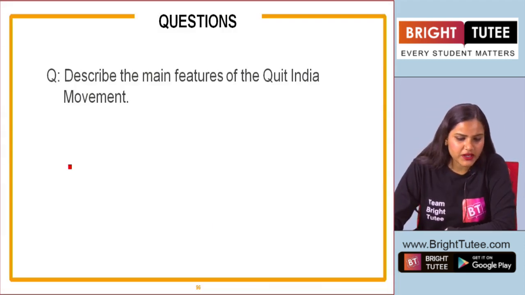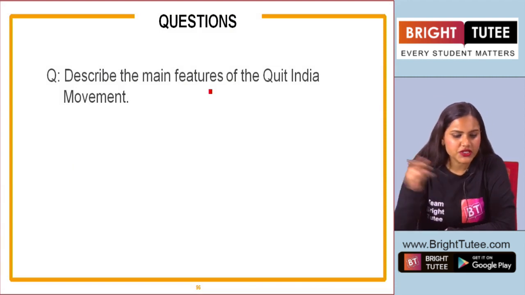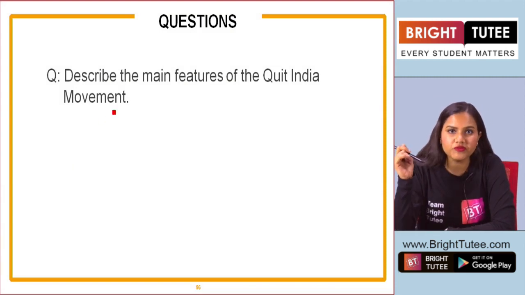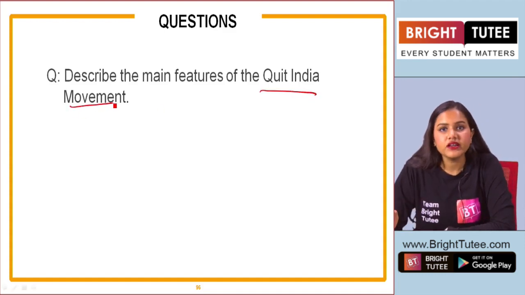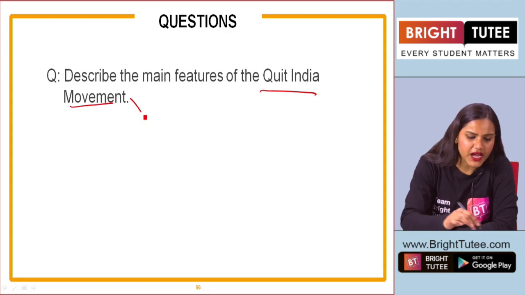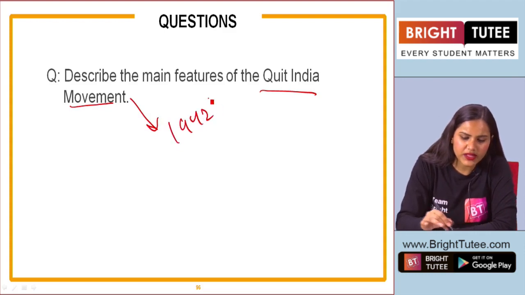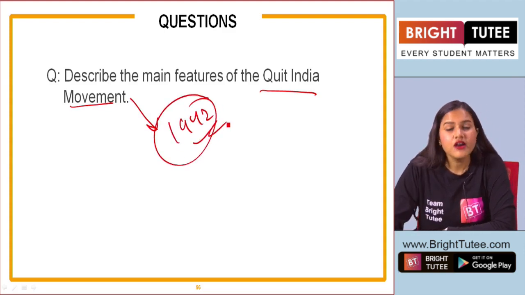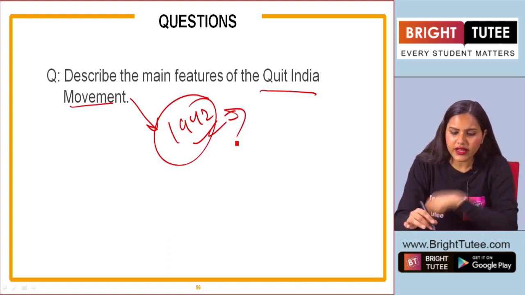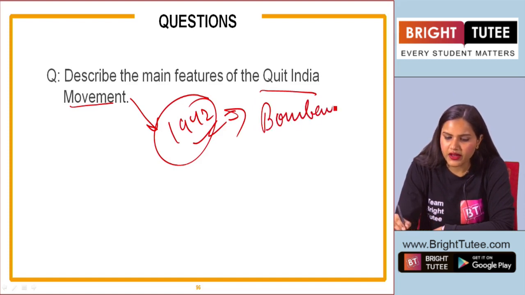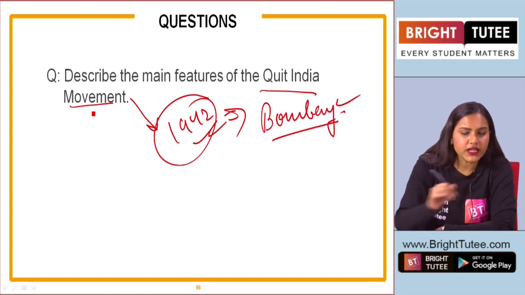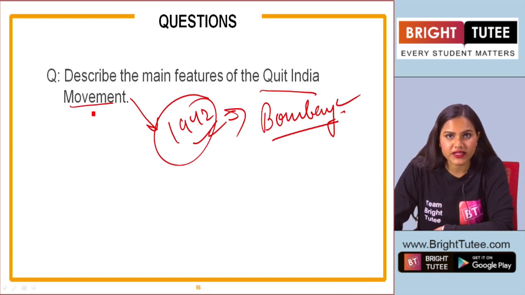The next question here is, describe the main features of the Quit India Movement. Now, when we are talking about the Quit India Movement, the first and foremost thing that you have to write is when this movement started, right? It was in the year 1942 when the All India Congress Committee met in Bombay, where the call for the Quit India Movement took place, right?